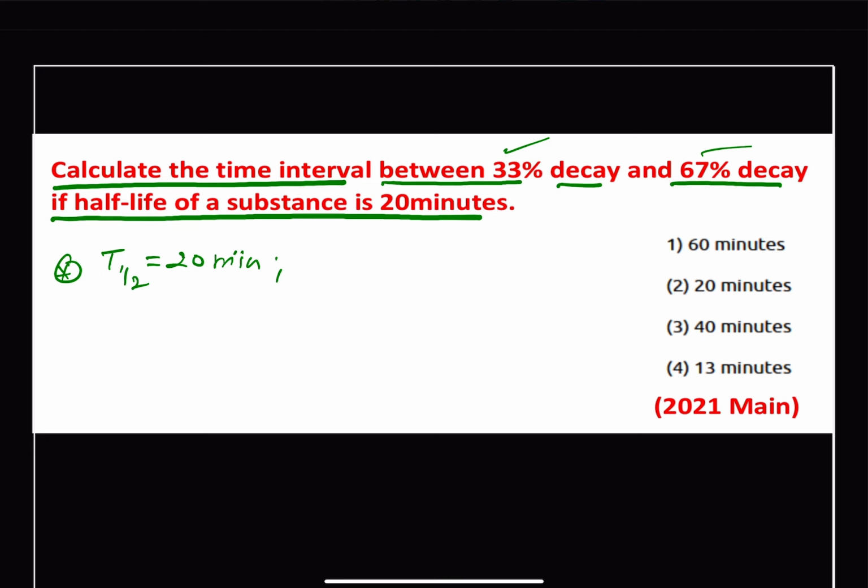So we can write this as, if there is 33% decay, which basically means that 67% of the sample is not decayed. Okay, so we can say 67% of the sample remains.